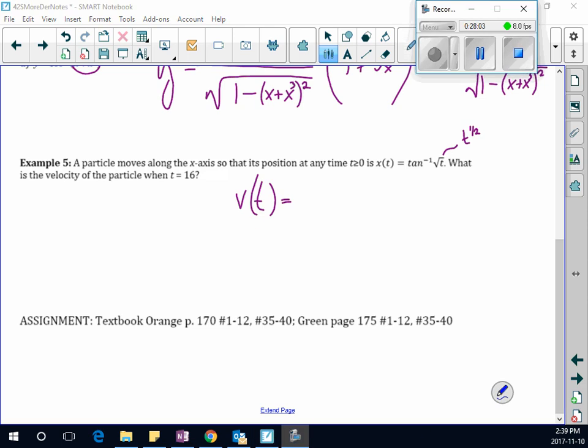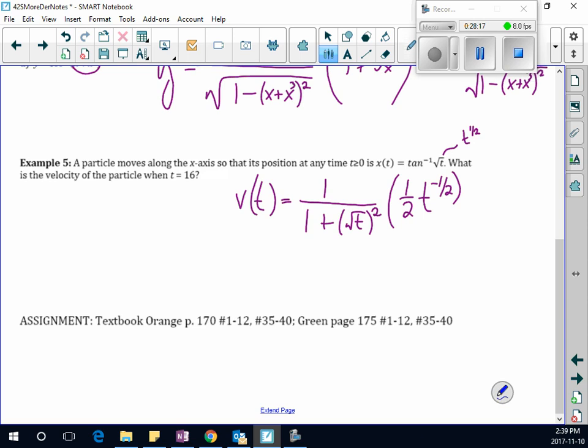Okay. This is a little goofy to simplify. I'm just going to simplify it one step at a time.